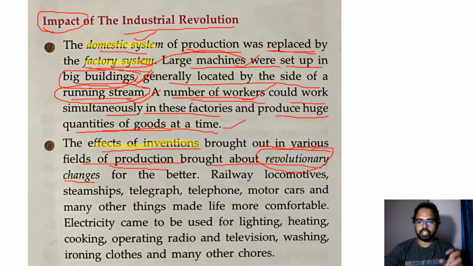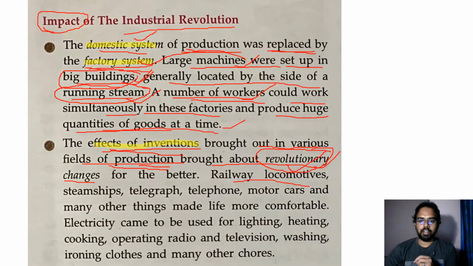So these changes are referred to as revolutionary changes. How did these revolutionary changes come? Because of the effect of inventions. Scientific inventions and discoveries made revolutionary changes in the area of production.